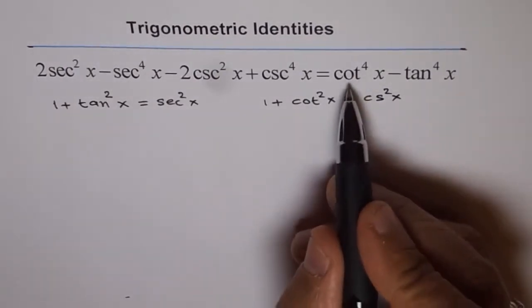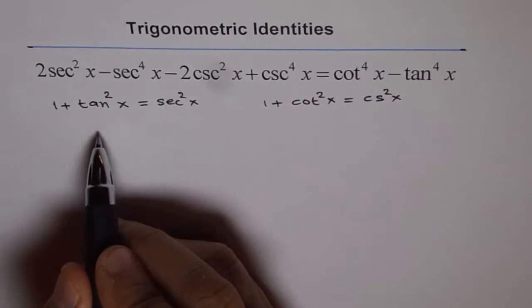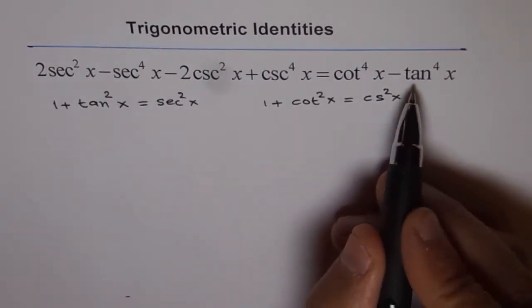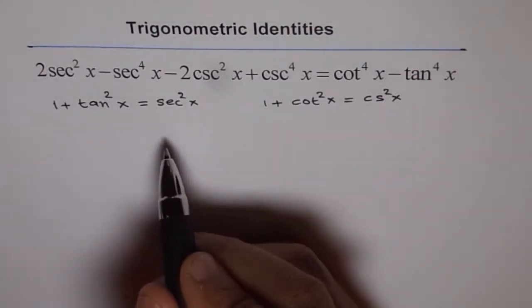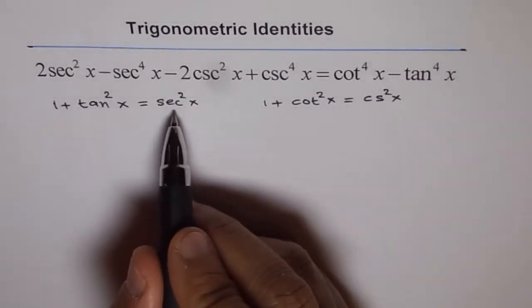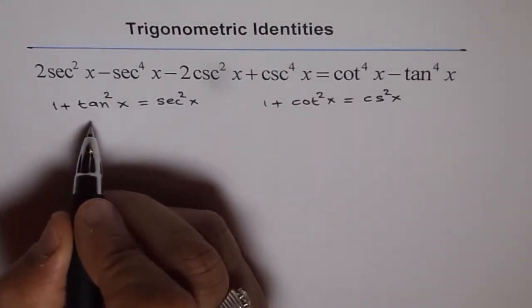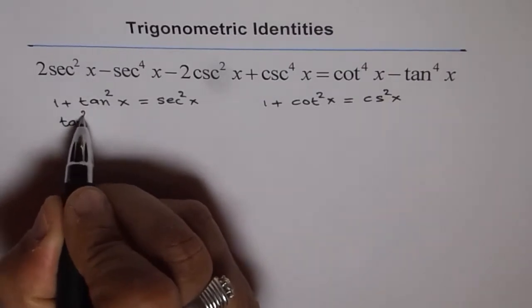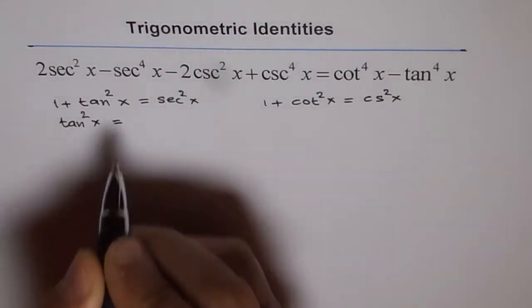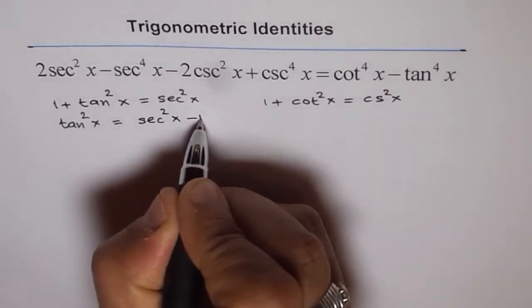Now if we start from the right side, we can write what tan square x equals. Since we have tan to the power of 4, we can square both sides and figure out in terms of secant what tan could be written as. So we can write tan square x equals secant square x minus 1.